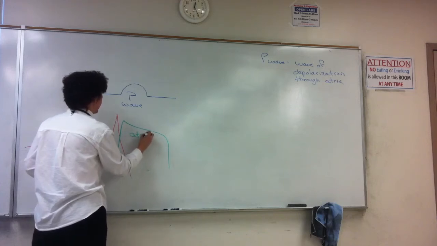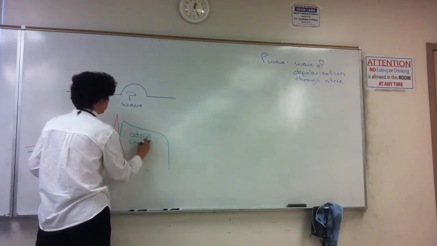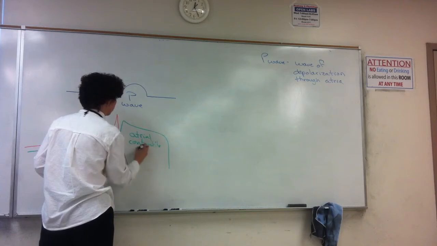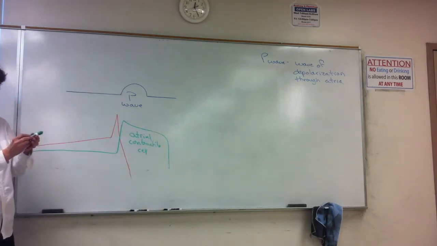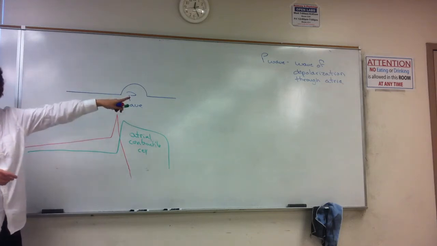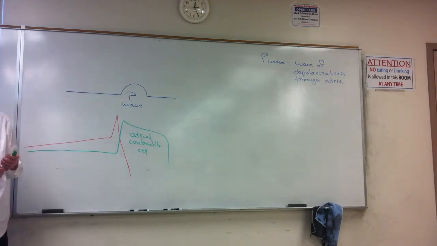So this would be one atrial contractile cell. It's going to depolarize. But again, it's all of them creating the P wave.